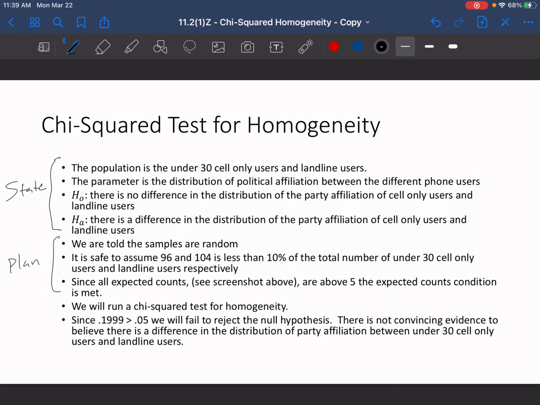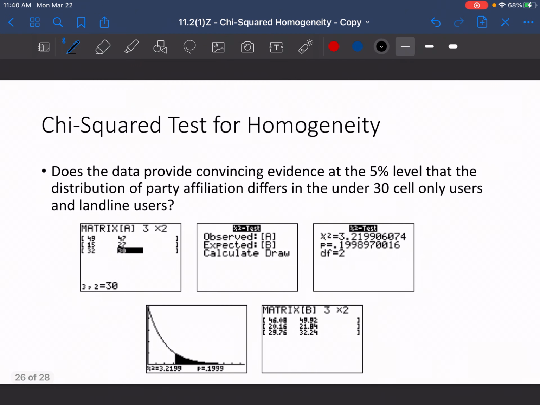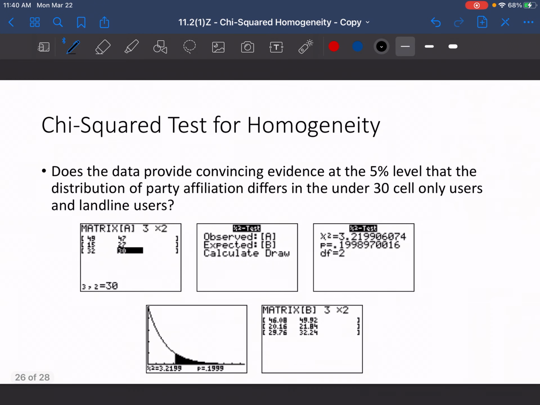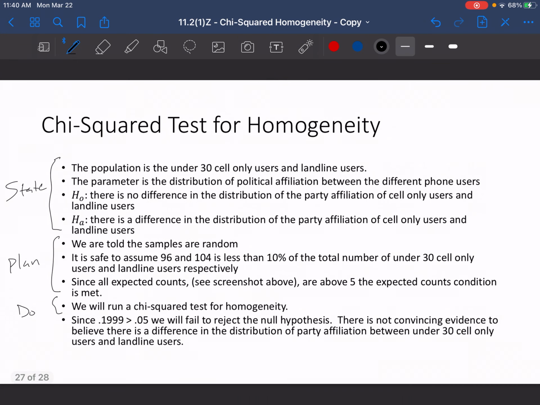Then from there, we would need to perform the do portion, which we already did based on all of the work that our calculator did for us, but you want to make sure that you list in the do portion that you ran a chi-squared test for homogeneity. And that gave us all of our values, so list your chi-squared value of 3.22 with a p-value of about 0.200, and then degrees of freedom of 2.